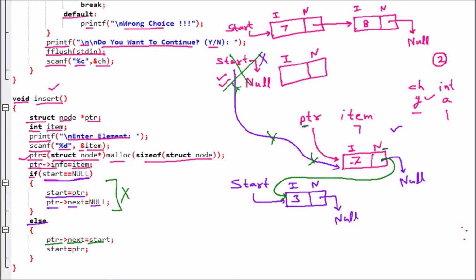So now this element is inserted at the beginning, and start is equal to ptr. This start is now pointing to ptr. So you can see that here start is pointing to the first node and the first node is going here. So this pointer is not meaningful. This way one node will be inserted successfully. So this is the insertion operation.